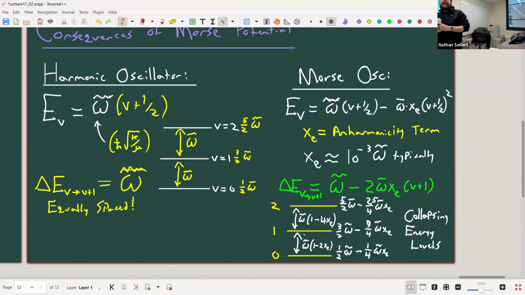All right, so what we're going to see in an anharmonic oscillator is that these absorptions that correspond to climbing the rung one step at a time give us a progression of lines. And the distance between each line is a function of x sub e. So the bigger x sub e is, the more anharmonic the system is, the faster these levels split apart, and the more the lines split apart.